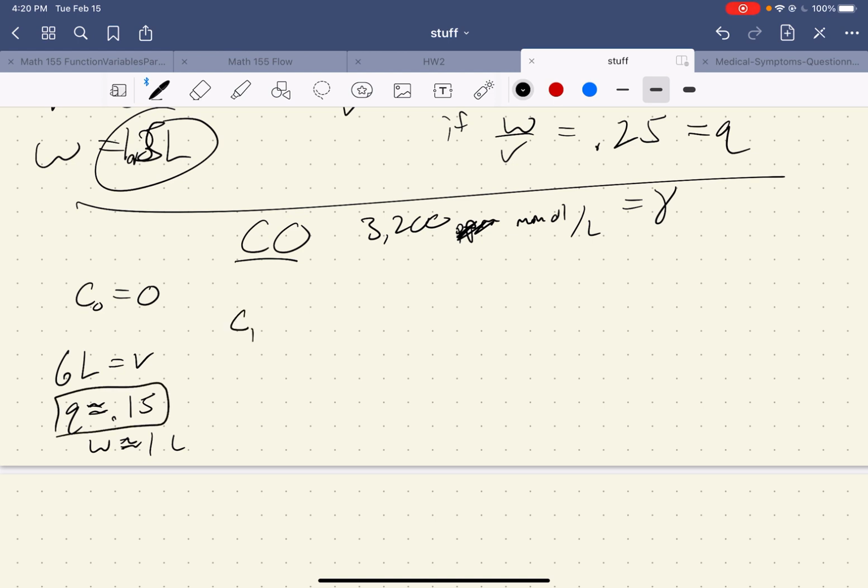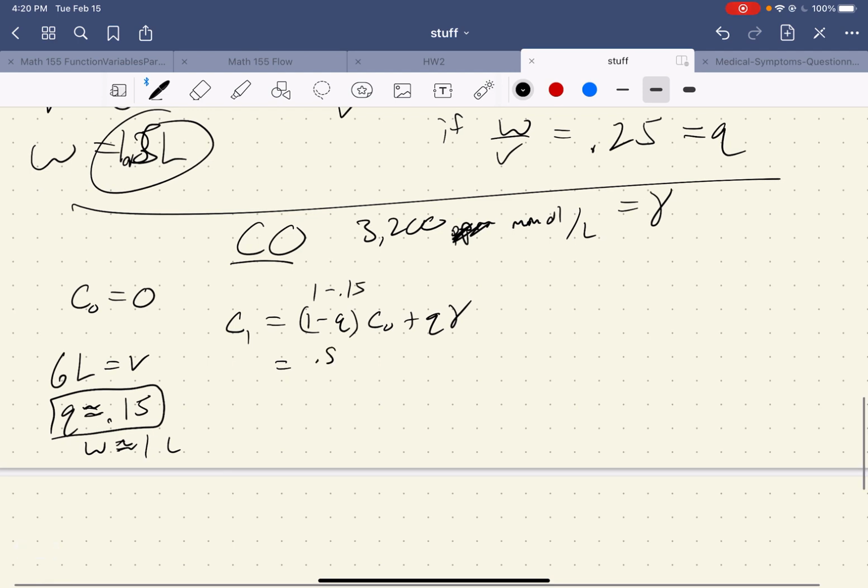Let's see, after one breath, so C1 is equal to 1 minus Q, C0 plus Q gamma. Okay, so this is 1 minus 0.15, so that's 0.85, and then C0 is 0, so I don't even actually care about that, plus 0.15 times 3,200.